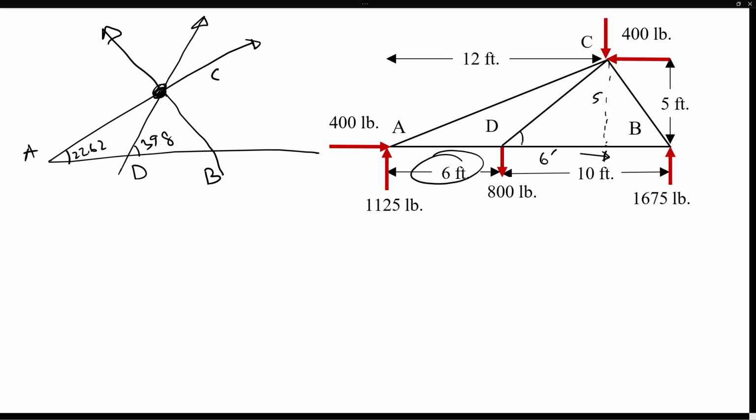So this angle I have calculated is tan inverse 5 over 6, which I found to be 39.8 degree. This angle I calculated as 51.34. We have shown this previously.